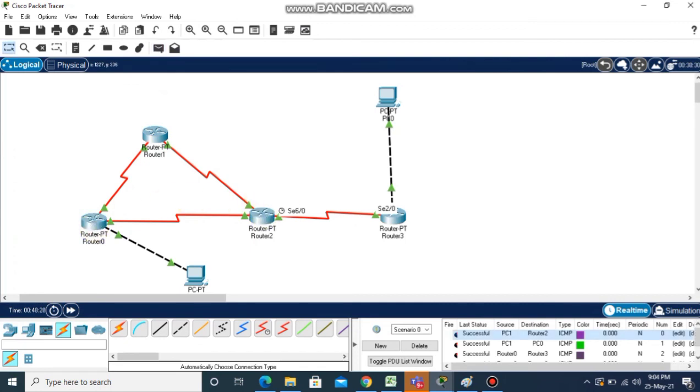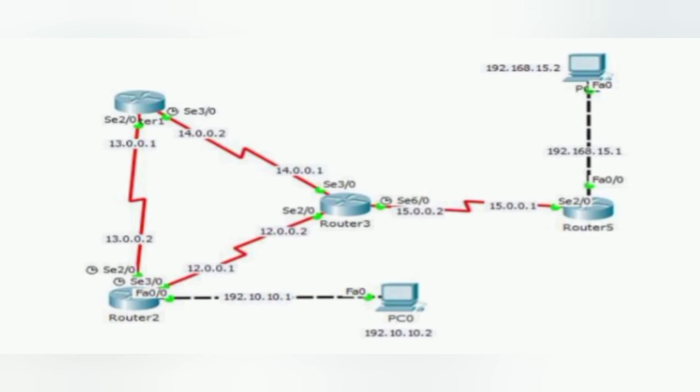So you can see that we can successfully send packets throughout the network, and this task of Lab8 is accomplished now.